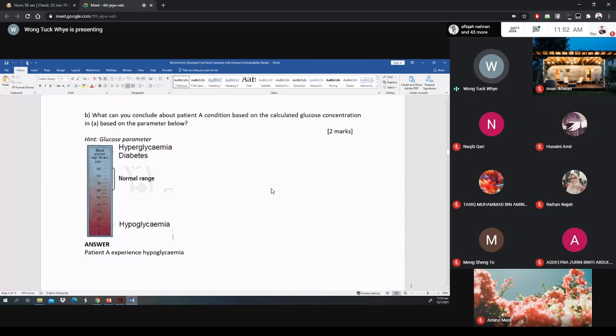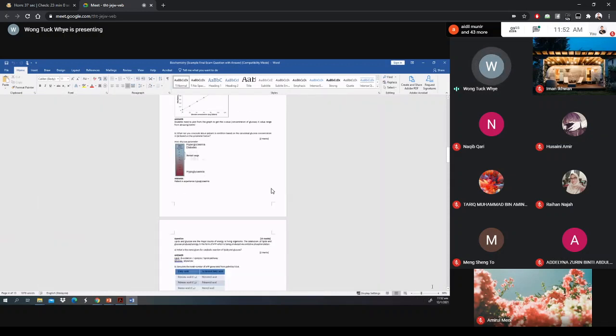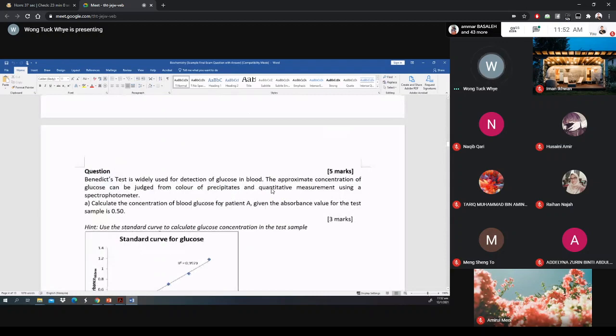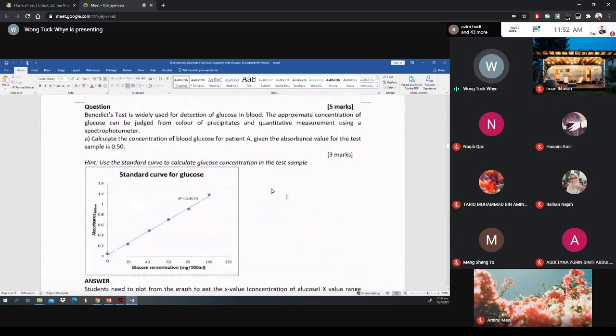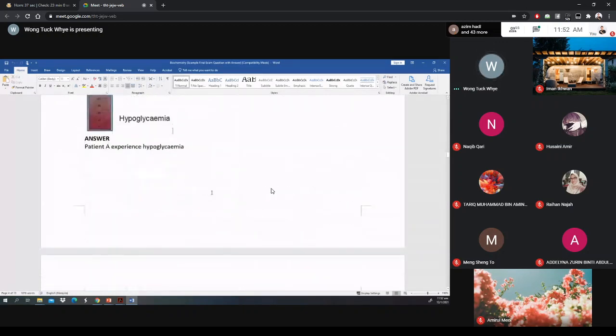So it will give you a wrong result. Maybe for cholesterol, yes, we will ask something like this. I'm not sure why we give only 5 marks for this question. This time we performed the final exam preparation for those who study in space.